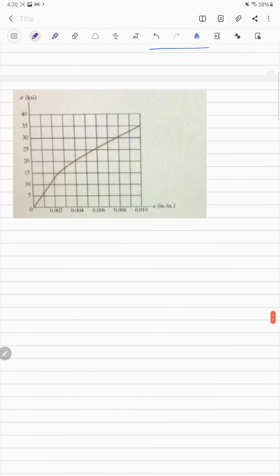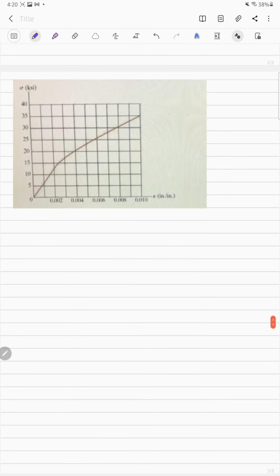How can we draw it? I can show you here more clearly. You can draw a line coinciding with this one. Then we move it so that the parallel line passes through the offset strain. So this line is parallel to this and passes through the offset.